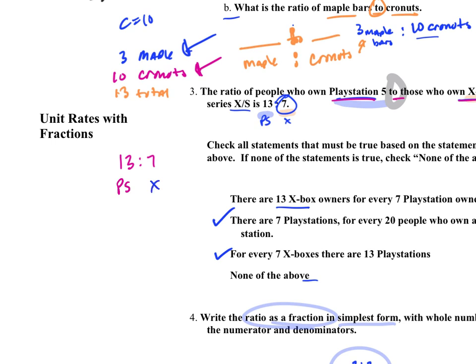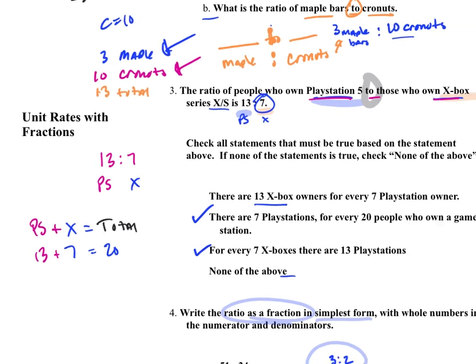And that means the PlayStations plus the Xboxes would equal the total, right? How many we have all together. And so we had 13 PlayStations plus 7 Xboxes equals 20.